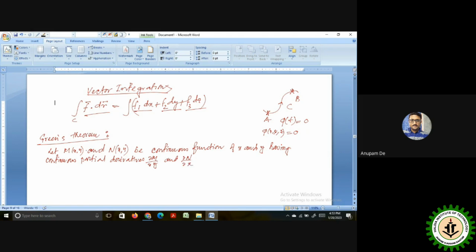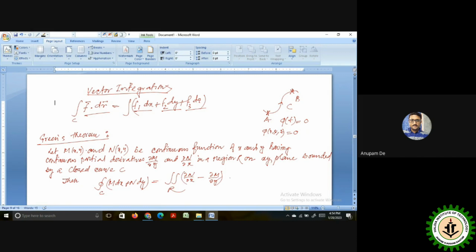Suppose these two exist in a region R on the xy plane bounded by a closed curve C. Then the closed integration over the curve C, M dx plus N dy, will be equal to the double integration over the region R, del N by del x minus del M by del y, whole into dx dy.